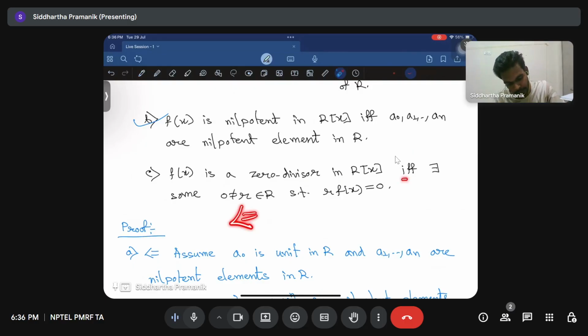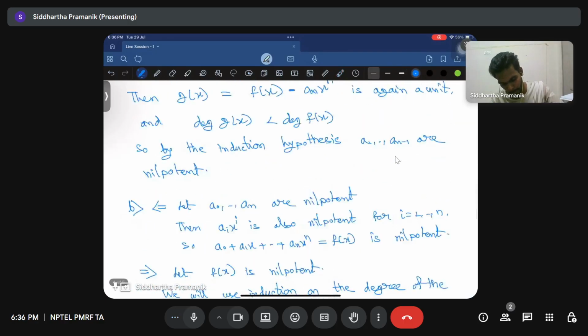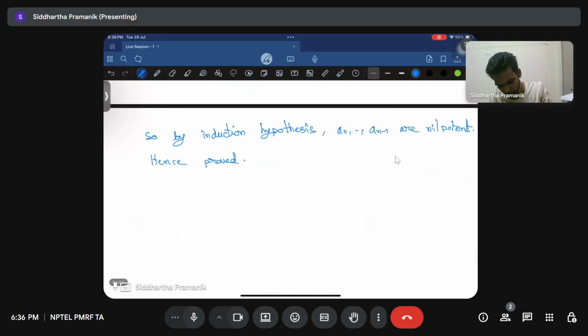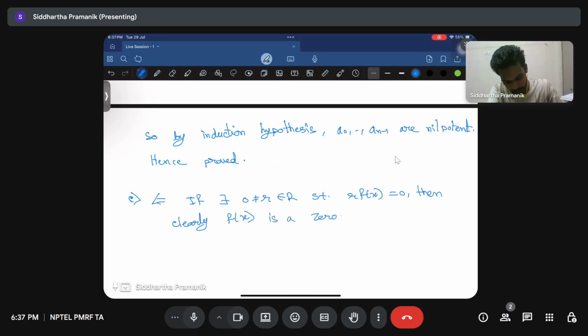If there exists some non-zero element which kills f, then clearly fx is a zero divisor because r is also an element of Rx. So that side is trivial. So if there exists 0 not equal to r belonging to R such that r times fx is 0, then clearly fx is a zero divisor in Rx.